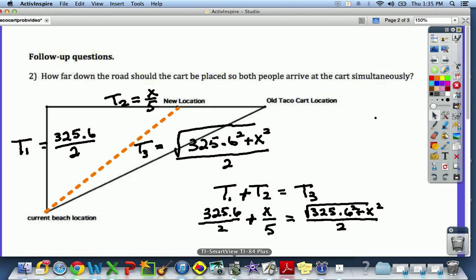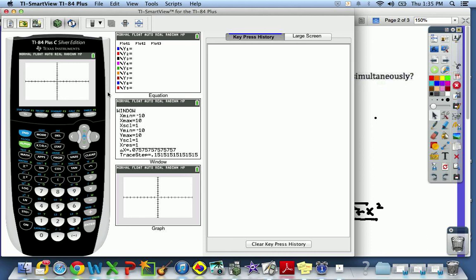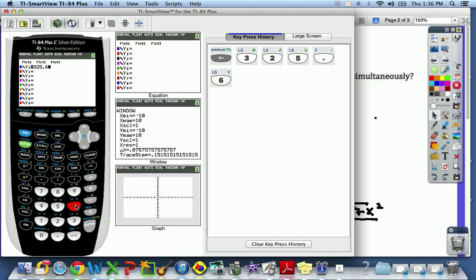So let's go to our graphing calculator, and in Y1, we'll type in the left side of the equation. So we're going to be typing in 325.6 divided by 2 plus x divided by 5.